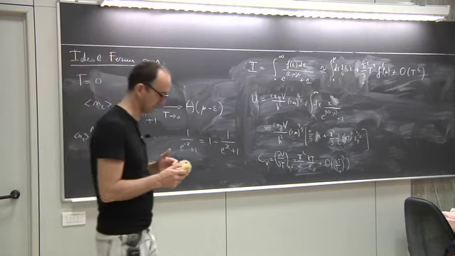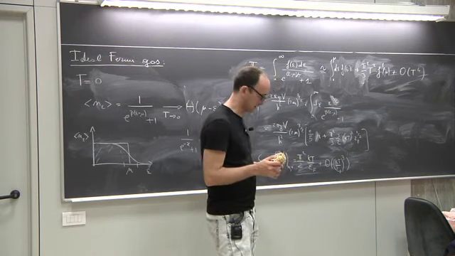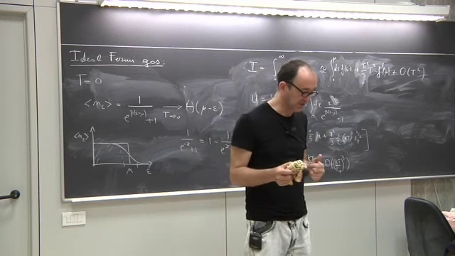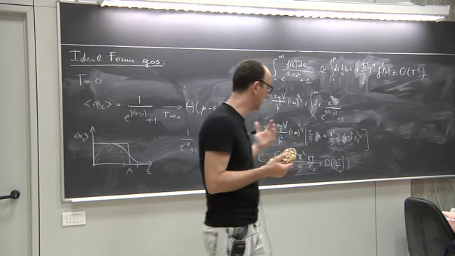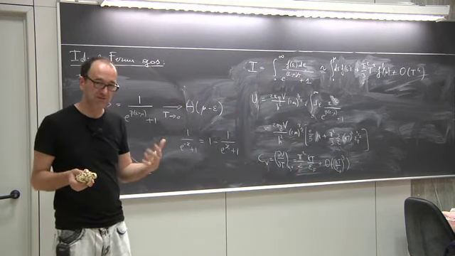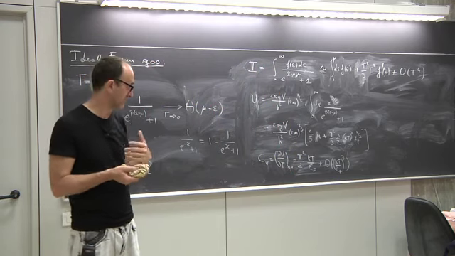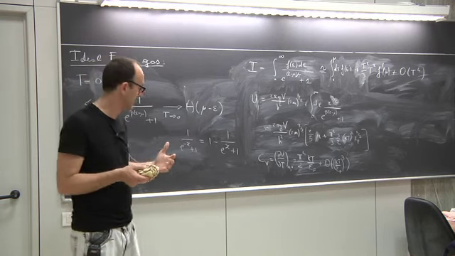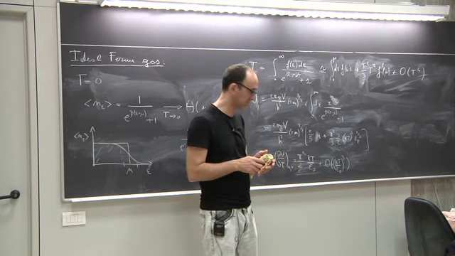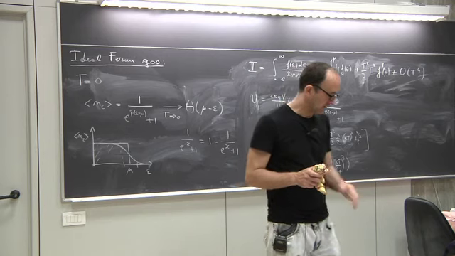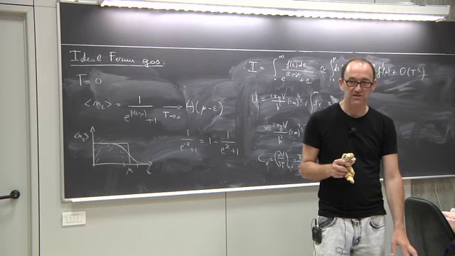Then one can compute more detailed properties, but the important thing is that the behavior of ideal Fermi systems is much more relevant. Also, it has experimental consequences. So this coefficient here can actually be measured. Okay, are there questions?